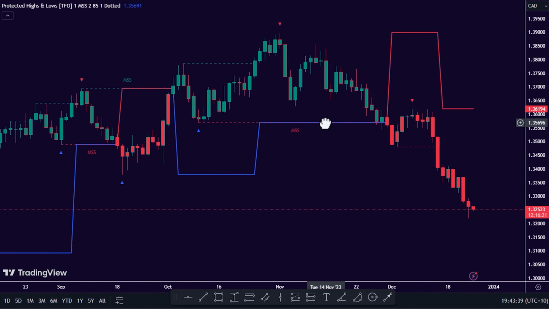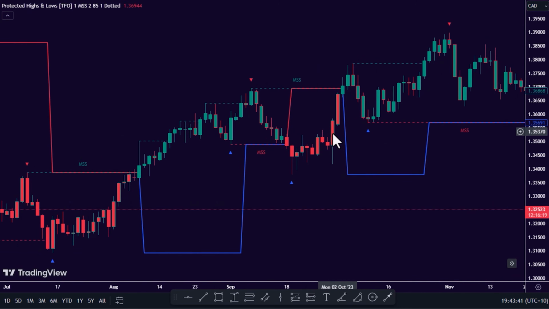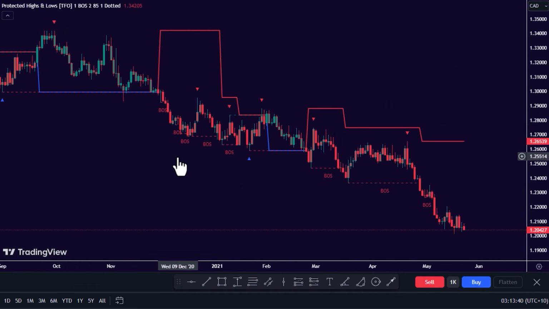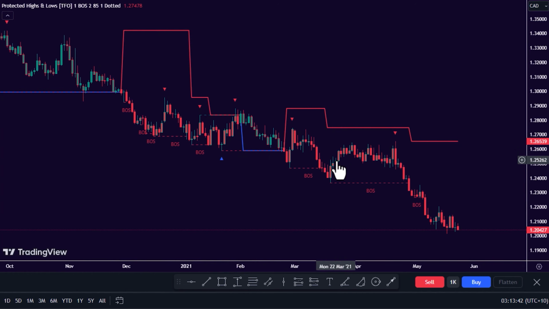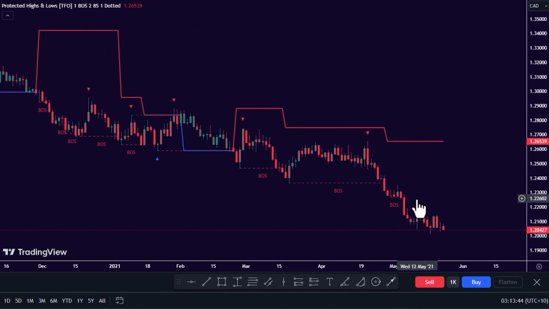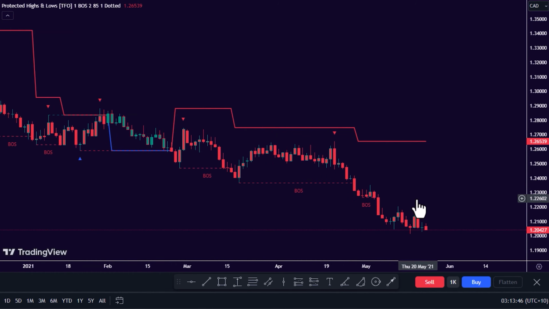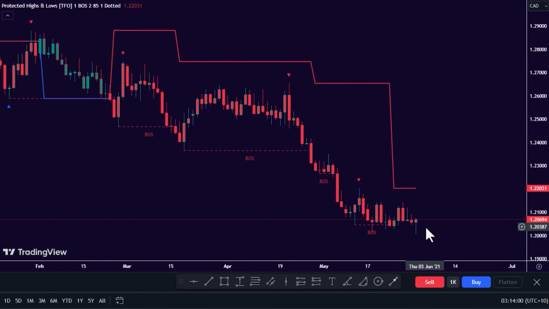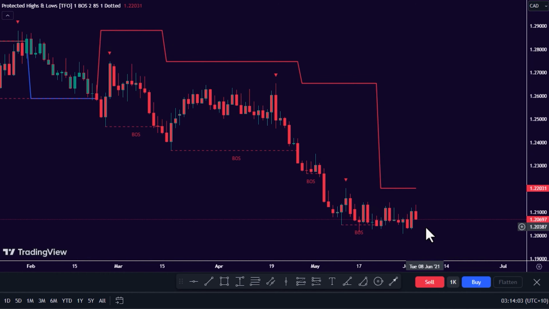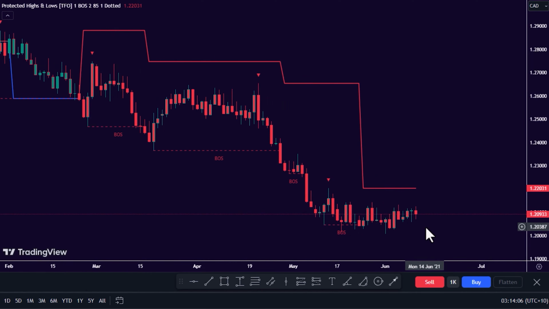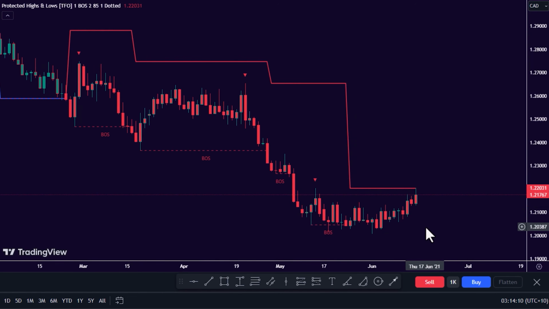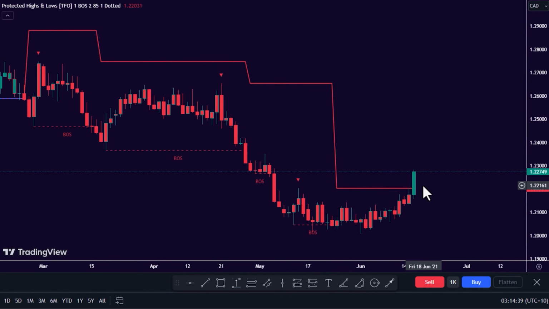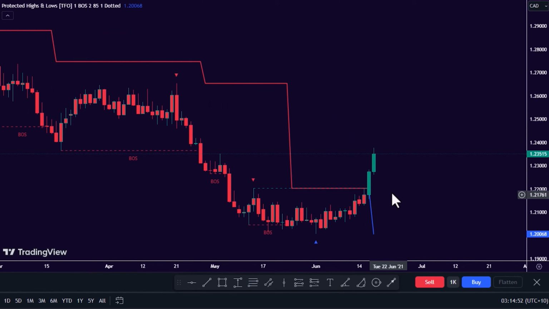How can these indicators be used to detect buy signals in the market? To generate a bullish trading strategy setup based on the reversal of a downtrend to an uptrend, Step 1. Look for the candlestick on the price chart to turn from red to green. Step 2. Look for the price to trade into the green dotted line of the protected highs, BOS.